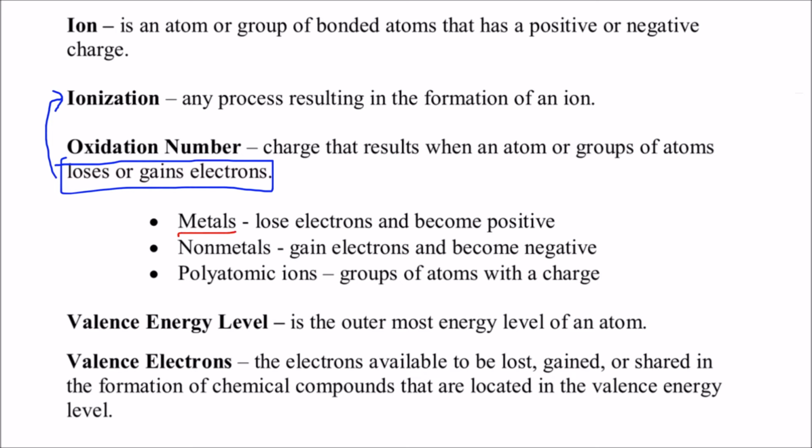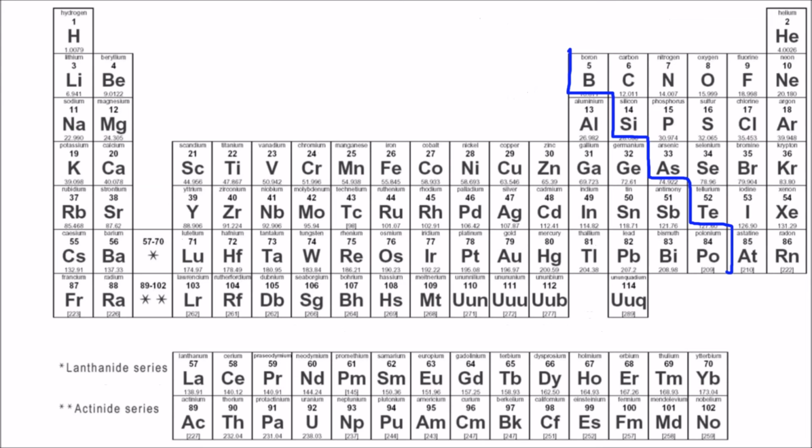Metals will tend to lose their electrons and become positive. Nonmetals tend to gain their electrons and become negative. Metals are located on the left-hand side of the periodic table.